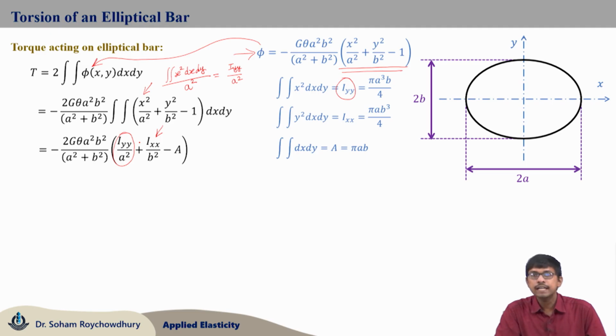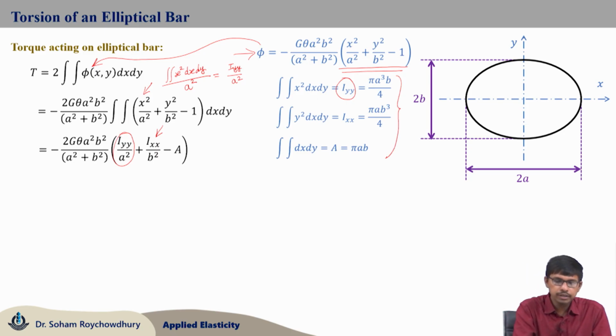Now, for the elliptical cross section, I yy is equal to pi a cube b by 4, I xx is equal to pi a b cube by 4, and the total area capital A is pi a b. So, for any ellipse with semi major axis length small a and semi minor axis length small b, we can write I xx, I yy and the total area A using these standard formulas.